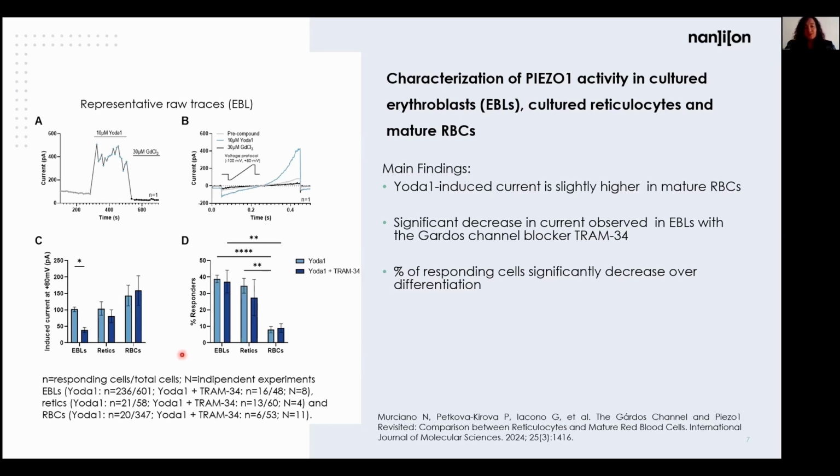For the percentage of responders, the trend was quite clear: it significantly decreased over differentiation, reaching the lowest value in red blood cells. We are close to 10% responding cells, so almost one third compared to reticulocytes and erythroblasts.